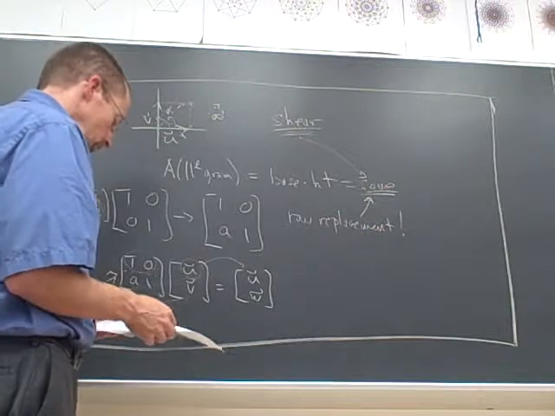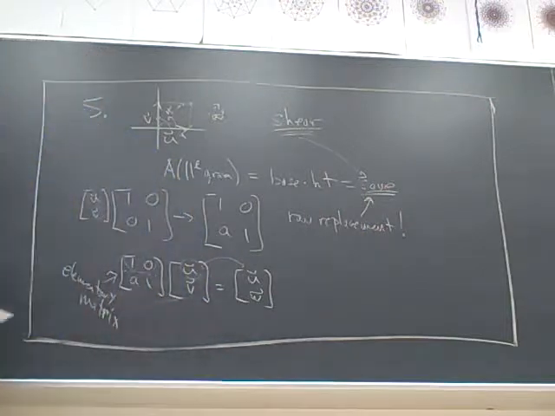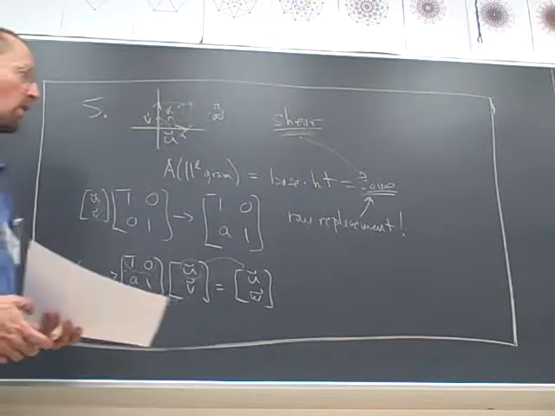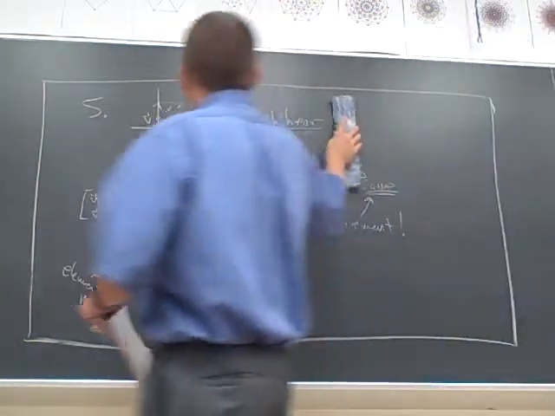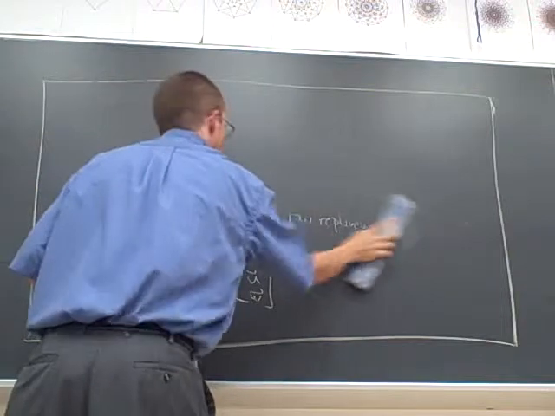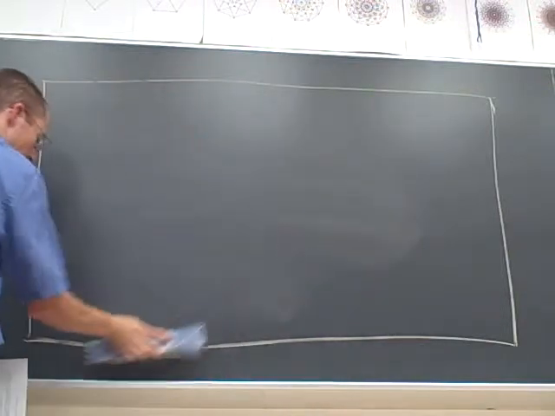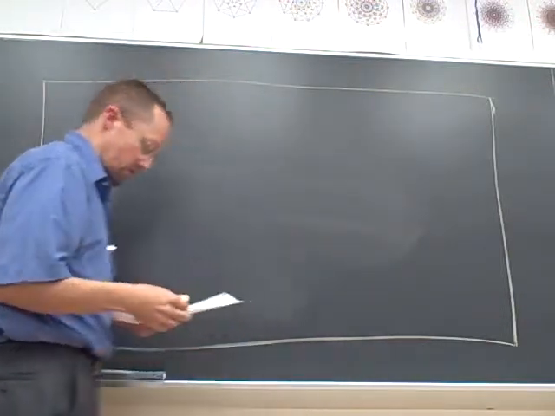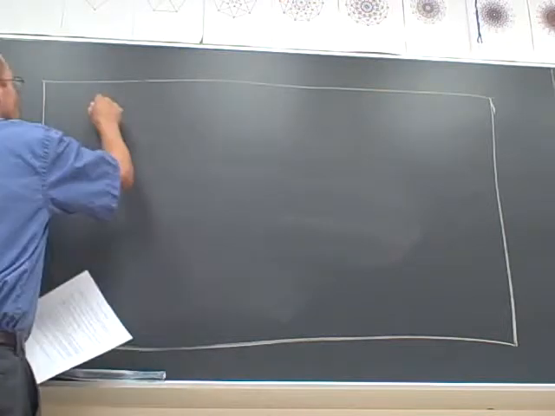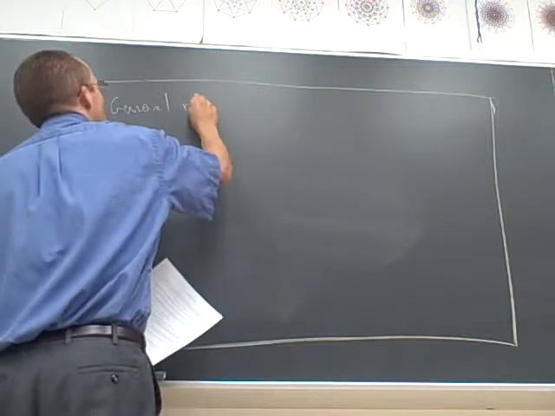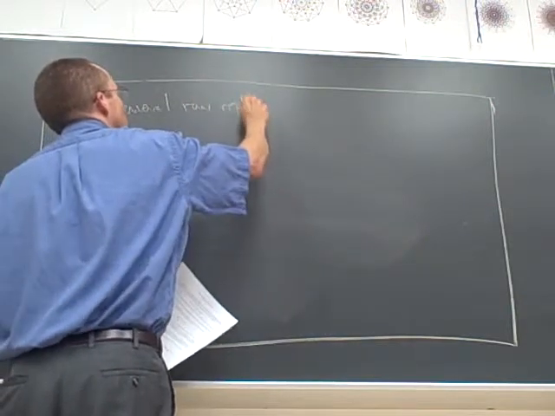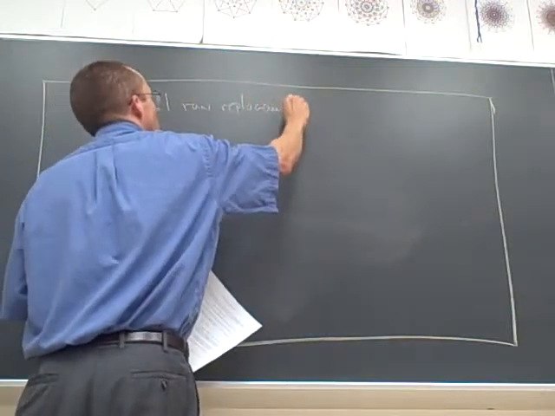So exercise 6 is really about how general that is. That was one very, very special example. We started with the identity matrix, or in other words, the standard unit square. So let's look at a general row replacement.